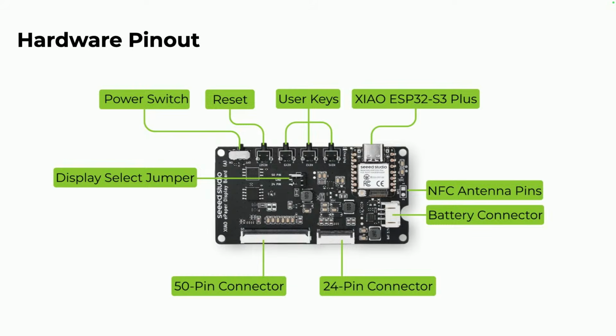Why did we choose plus? Because the normal ESP32 shell module does not have enough pins, and we want to offer more pins. So that we can read the battery and provide more IOs. So that's the pinout of the hardware.